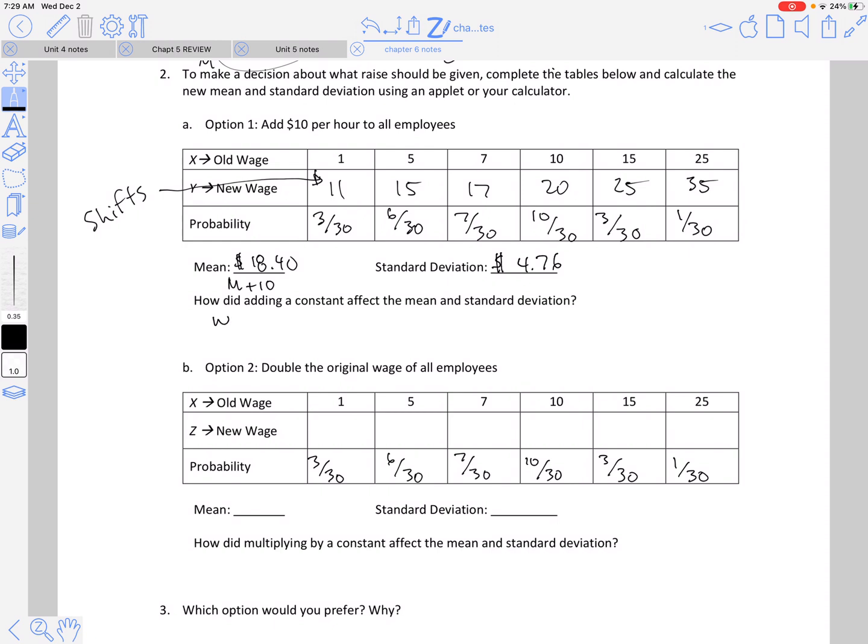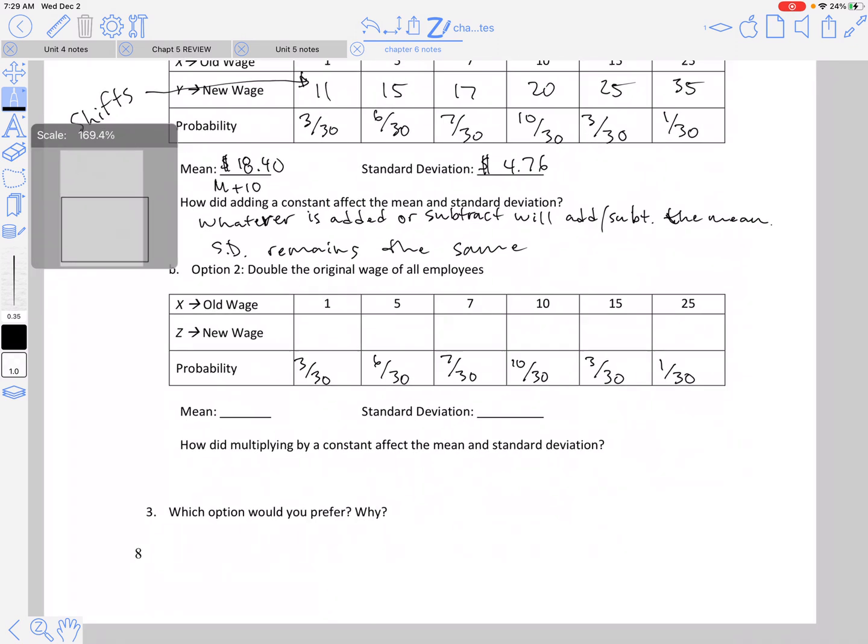Whatever you add or subtract will shift the mean, right? So we'll add or subtract. It'll affect the mean the same way. Okay, but notice the standard deviation remains constant. So that's what we learned before about adding and subtracting.